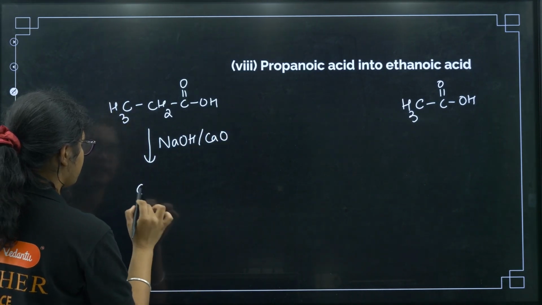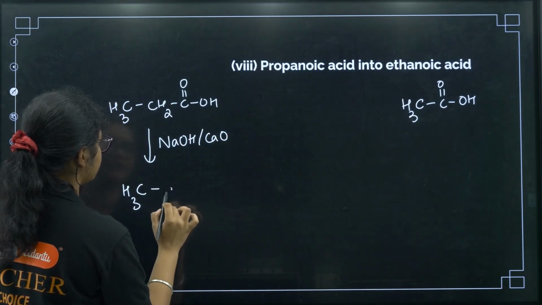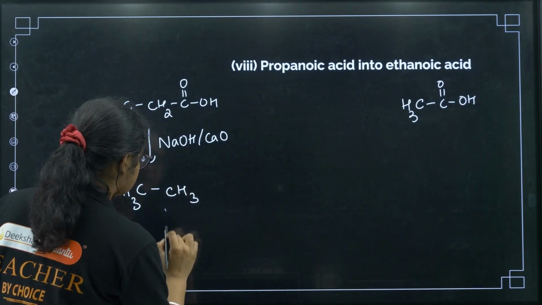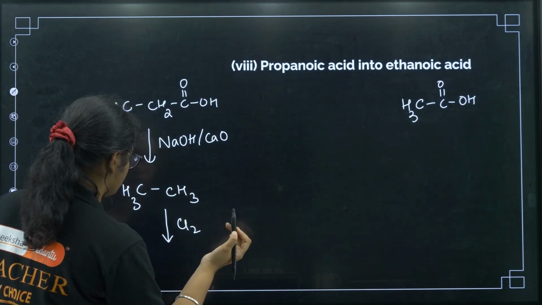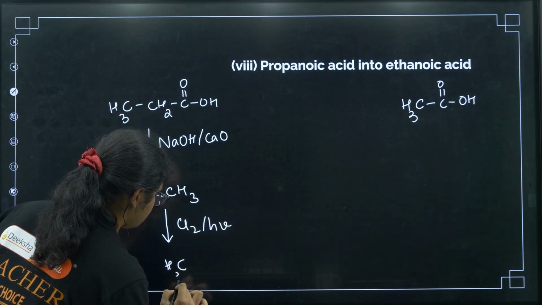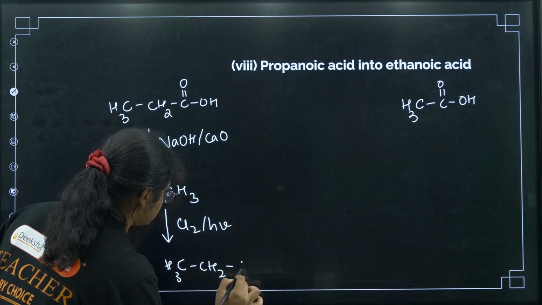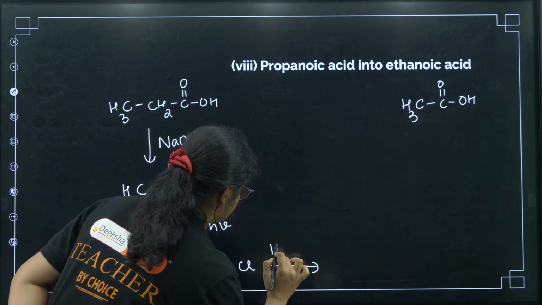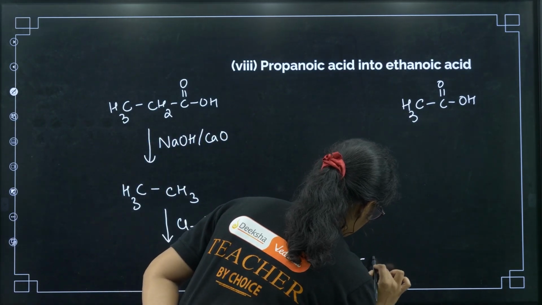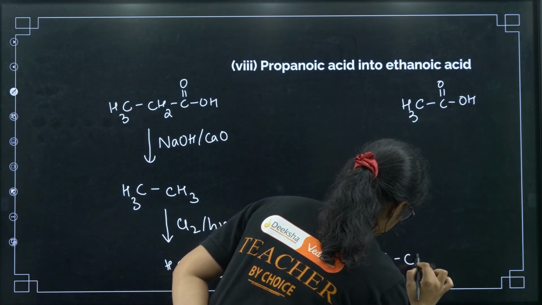So I will get ethane, CH3CH3. Next we will use Cl2 in presence of h nu, that will give me CH3CH2Cl. Then you can treat it with KCN.